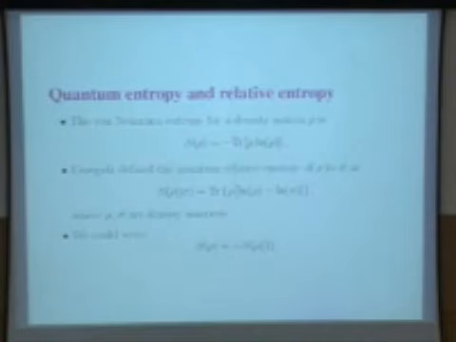Another interesting thing is the operational meaning of the von Neumann entropy. When Shannon defined his entropy, he gave the operational definition in his seminal paper. But the operational definition for von Neumann entropy came in 1995.